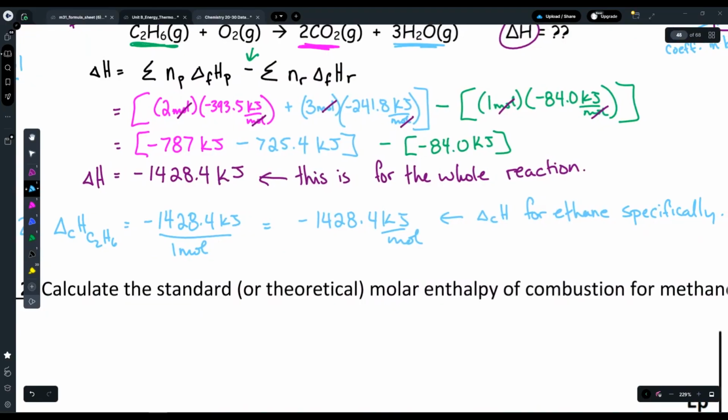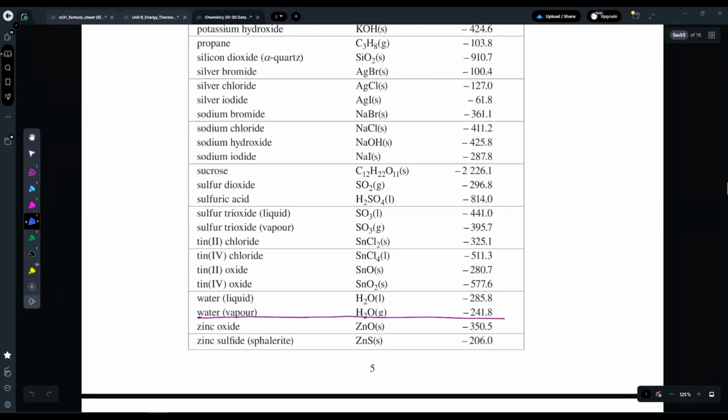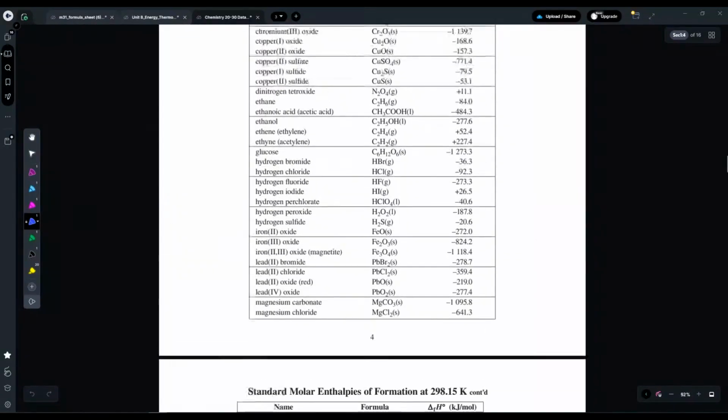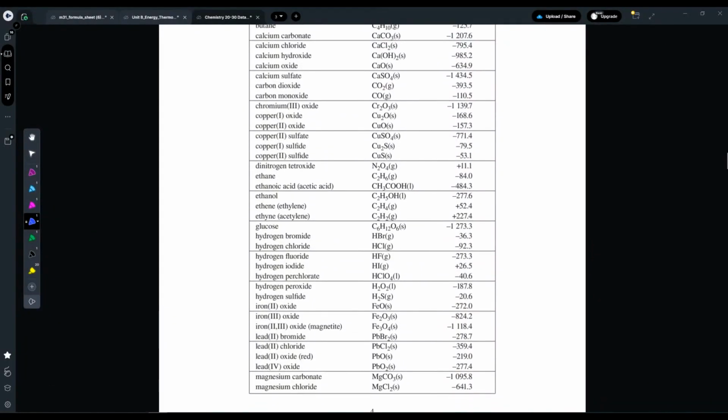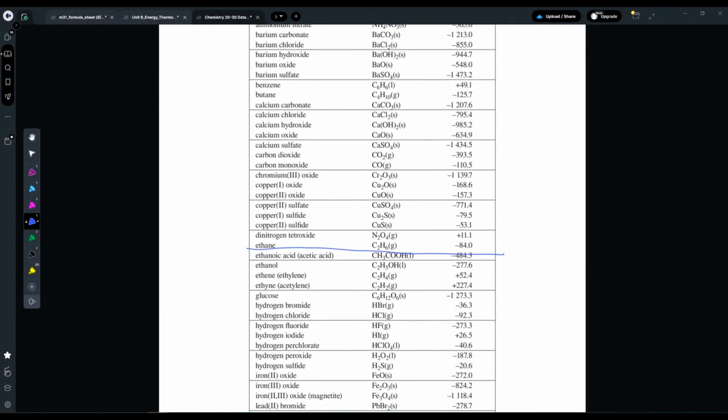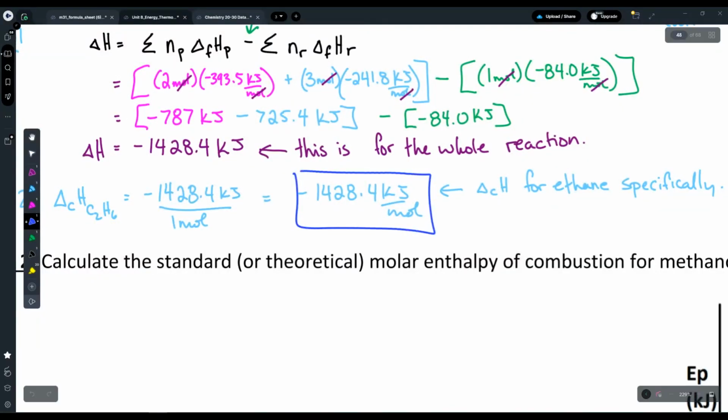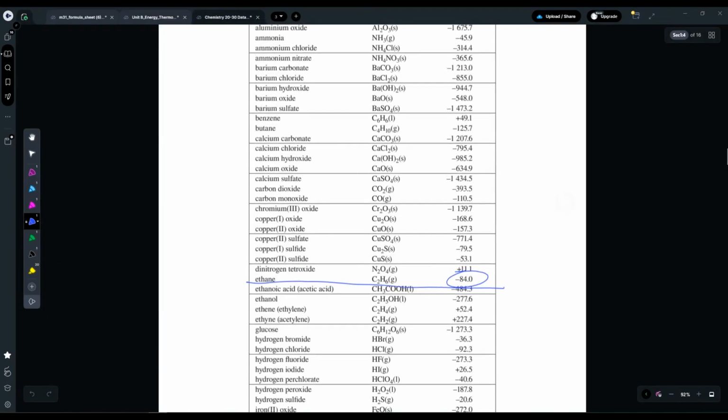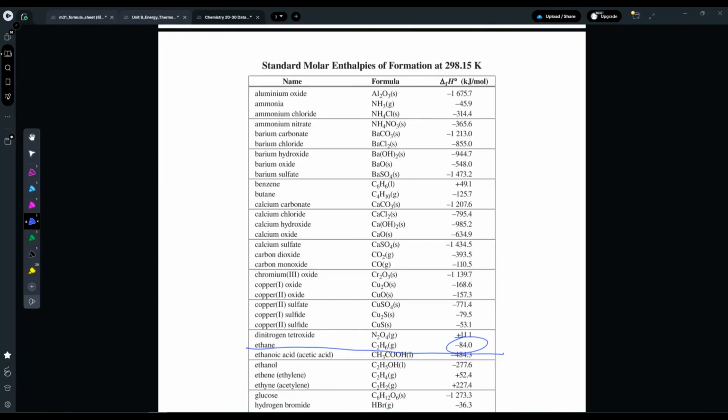Okay, now if you're wondering why our answer here is different than the number that we have on page 4 of our data booklet, I'll find ethane again. This number for ethane was negative 84, whereas our other number was negative 1,428.4. The reason there are two different values is that the number in your data booklet is the molar enthalpy of formation.